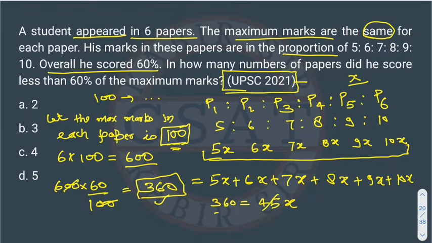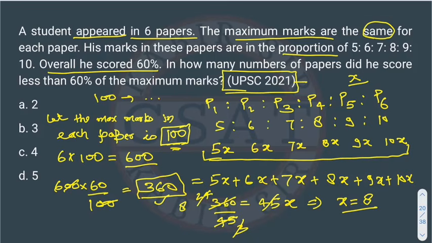So now 45 will come to this side, so we can divide it. We can divide by 15. So what is the value of x? 8. Now we can put this x value here.